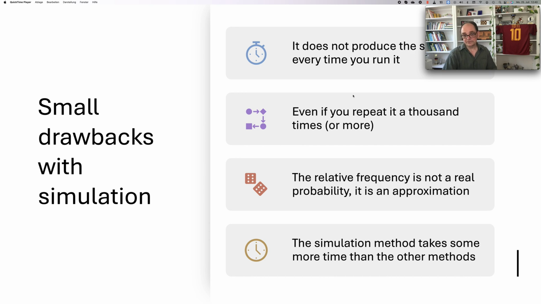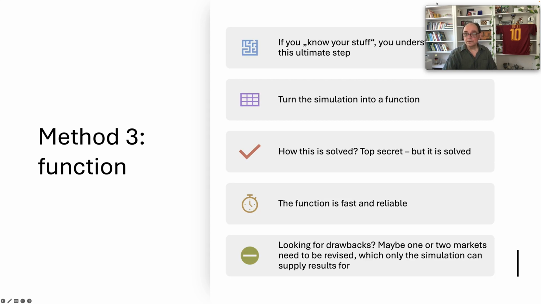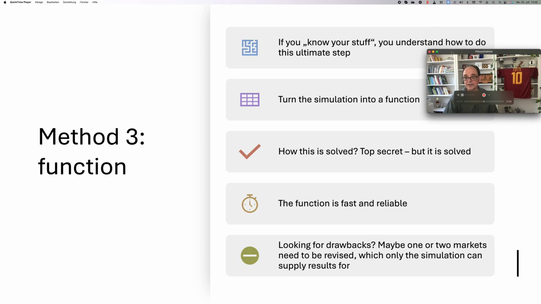Even if you repeat it 1,000 times or more, the relative frequency is not a real probability, it is an approximation. The simulation method also takes more time. When we repeatedly simulate, it takes a little more CPU time.